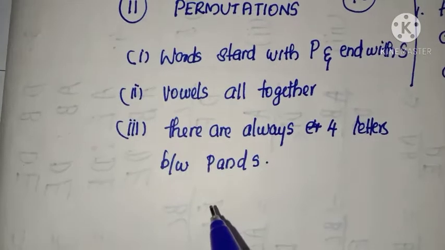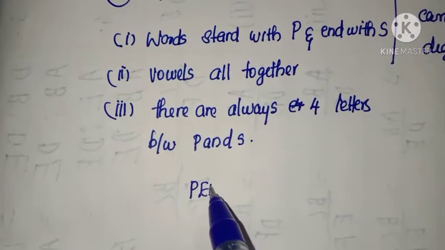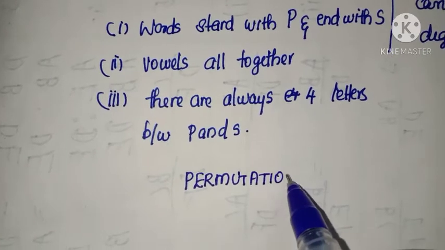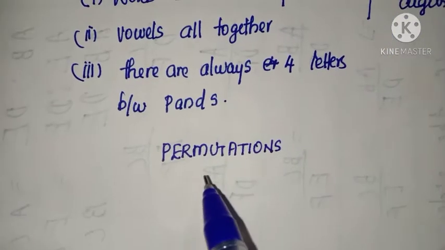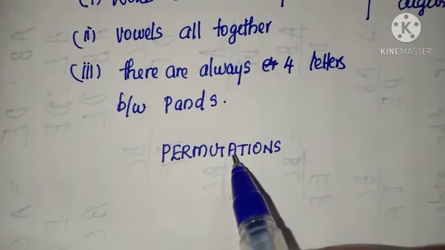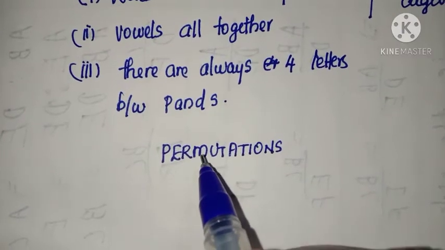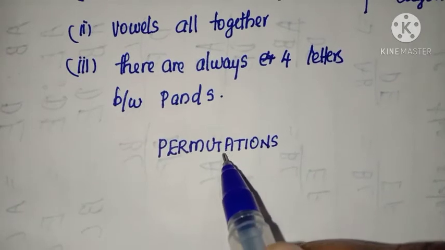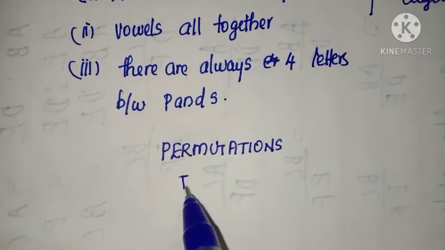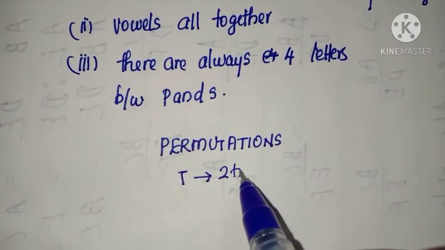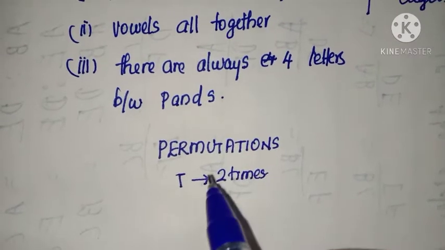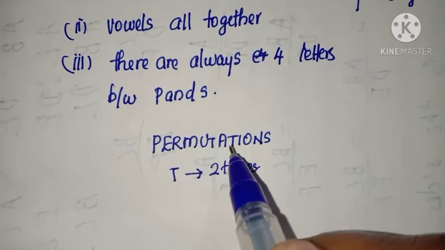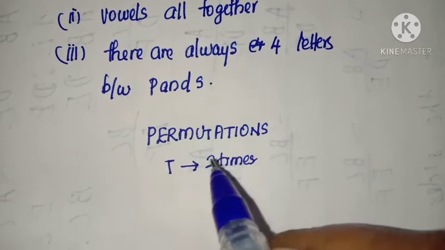Listen, we have the word permutations. First we have to check whether any letter is repeating or not. Here T repeats; T appears two times. Any other letter? No. So we can treat this T as T1 and T2.